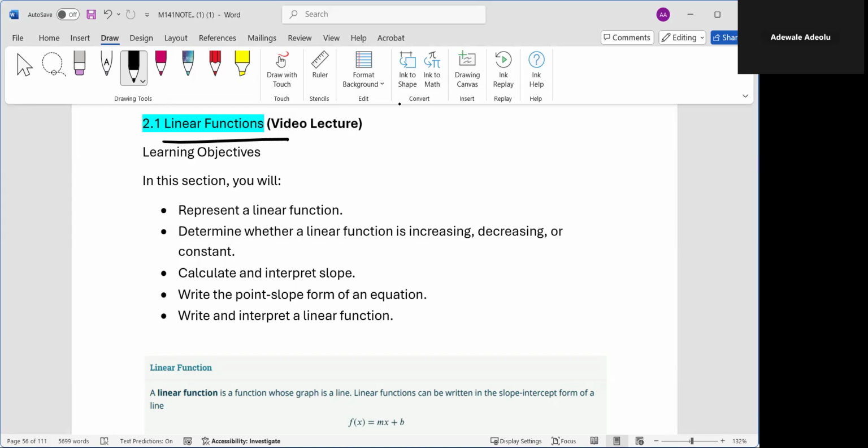In this section, we are going to learn how to represent linear functions, how to determine whether a linear function is increasing, decreasing, or constant. We're going to learn how to calculate the intercept, calculate and interpret slope. We'll write point slope form of a linear equation and also interpret a linear function.